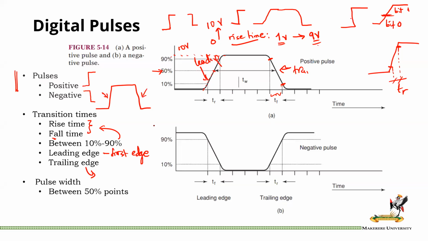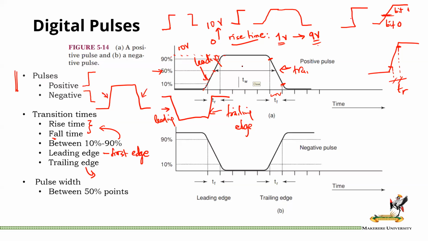We don't work with leading edges and trailing edges a lot, but technically we can talk about them here. This doesn't work only in this case. It can also work for negative pulses. So this is still the leading edge much as it's falling, and that is the trailing edge much as it is increasing.